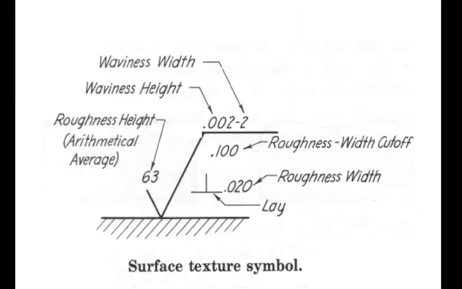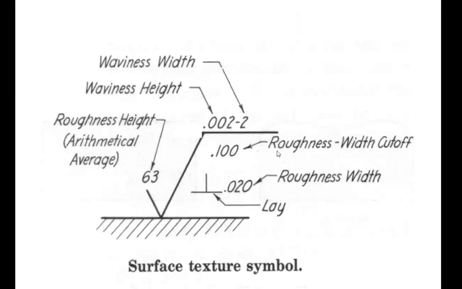Now in this slide the numbers are shown in the old format of the standard. ISO already published a document about surface quality and the format of the surface texture symbol. In this format, as seen in this figure, the roughness height, arithmetical average roughness height, is written over here.